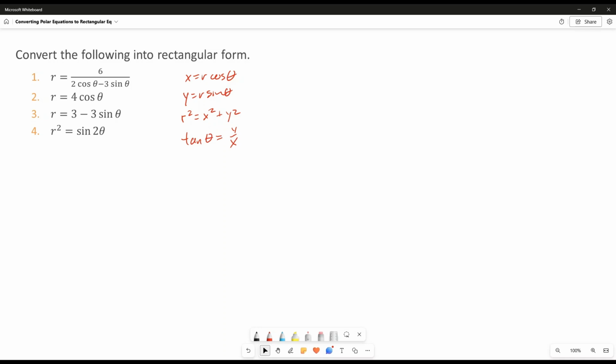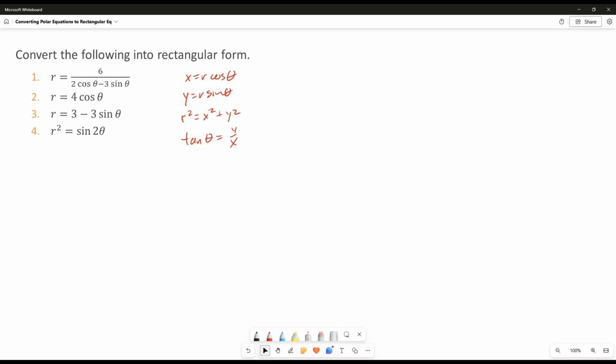So I need it to be r cosine of theta to make it an x. I can't just say cosine of theta is x. So anytime I see a cosine and a sine, I need to think, how can I put an r with it? And how we do that just depends on the actual equation. So let's look at a few here and we'll see how it goes.